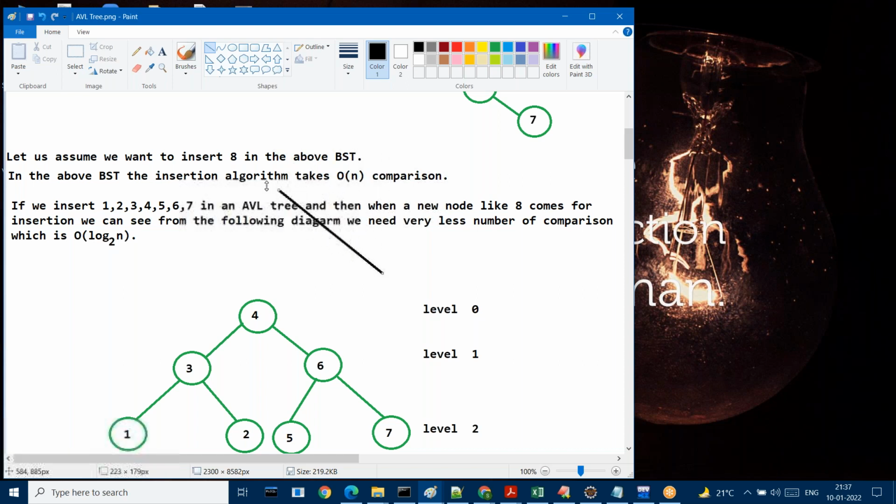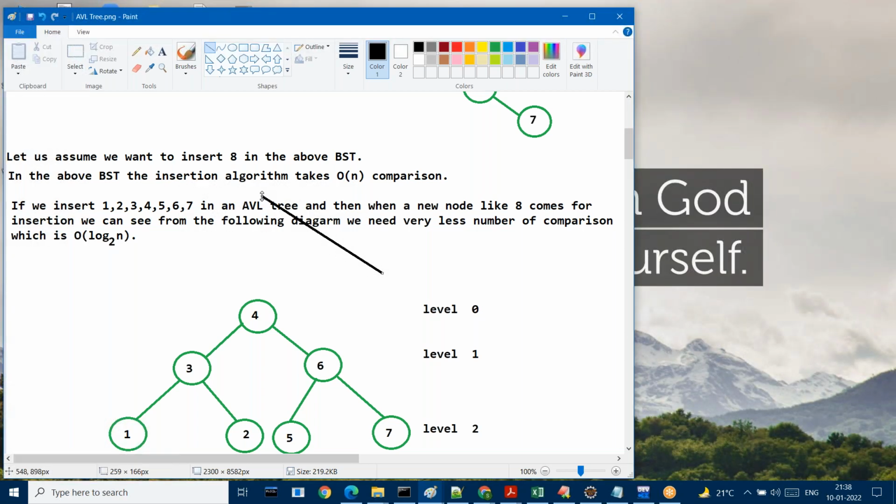But if we go for AVL tree, which we have not learned yet, we have found that we can reduce the number of comparisons to order of log n, where log n is a very small number compared to n. If the value of n is large, then the log n value will be much more reduced. You can think, n is 8, log n will be 3.